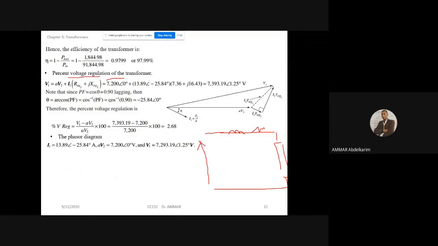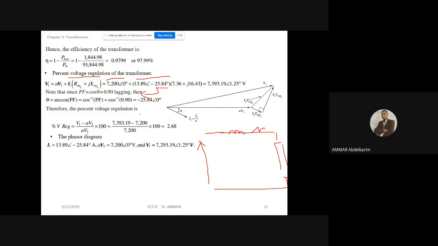Equals the no load voltage plus the voltage drop. Of course, here the current is shifted by the angle of 25, which has been found from the power factor.